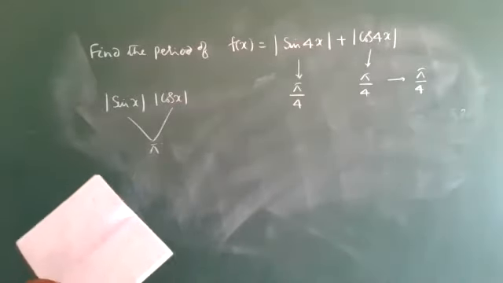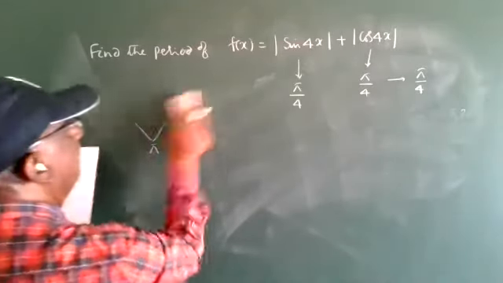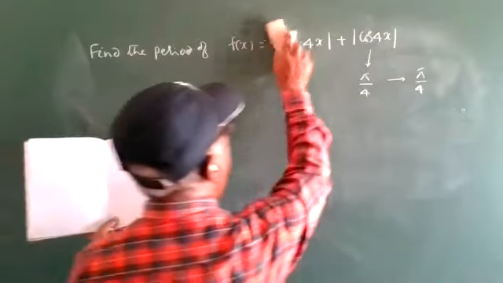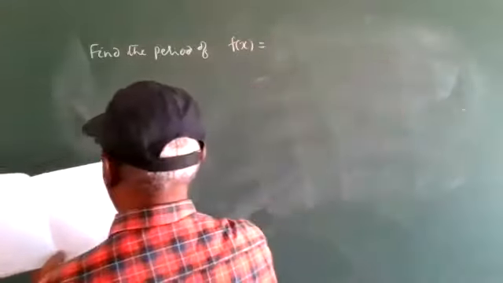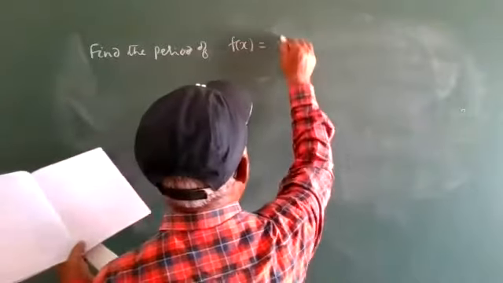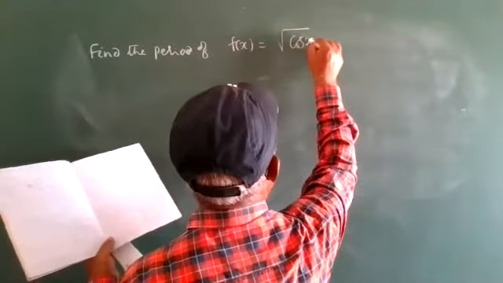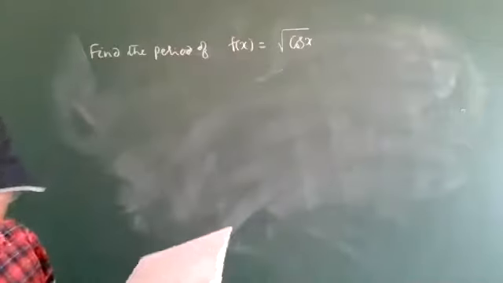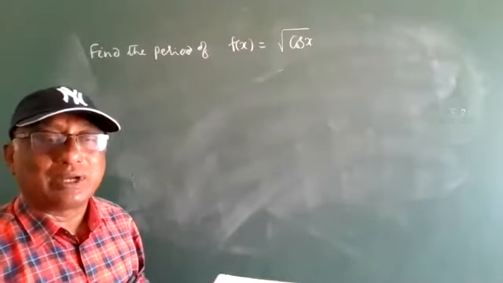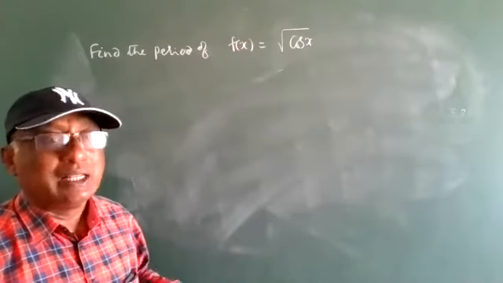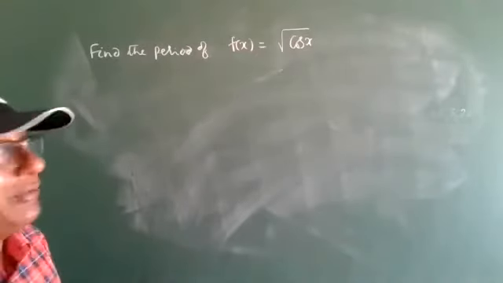Next, fourth problem. Find the period of root of cos x. Already I told you, for a root function, reciprocal function, exponential function, logarithmic function, the period is the same as the period of f of x.